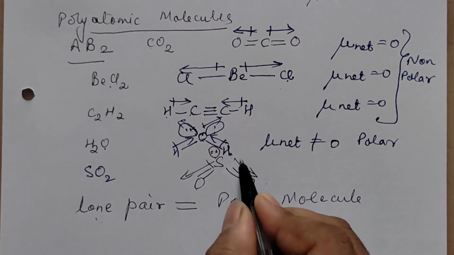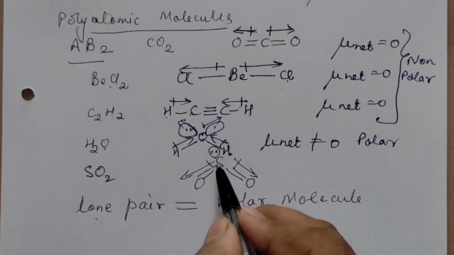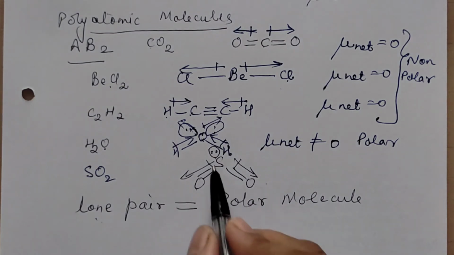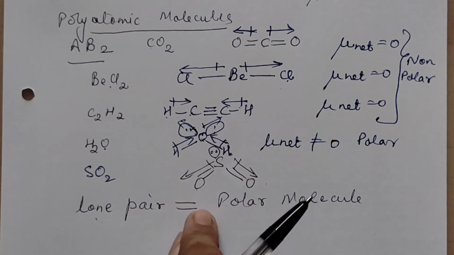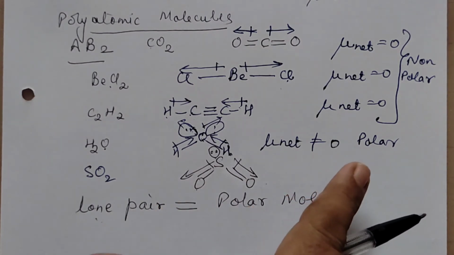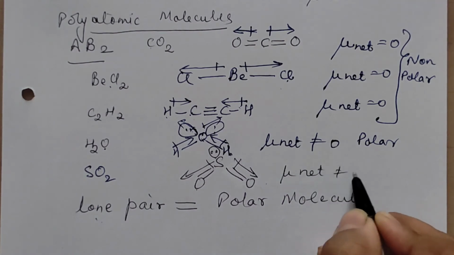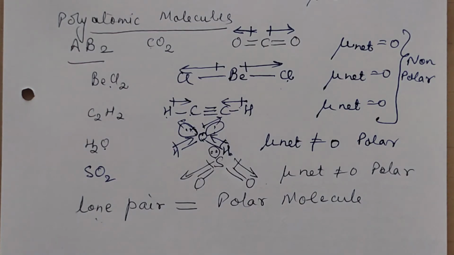The individual bond moments are towards oxygen, and the lone pair electron density is on the top. These bond moments are the same, but that is not the same. They are at an angle, so they are not going to cancel each other. So the net dipole moment for sulfur dioxide is also not 0. It is a polar molecule, sulfur dioxide.